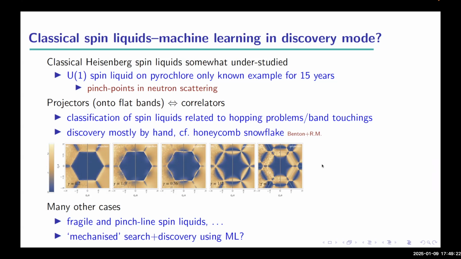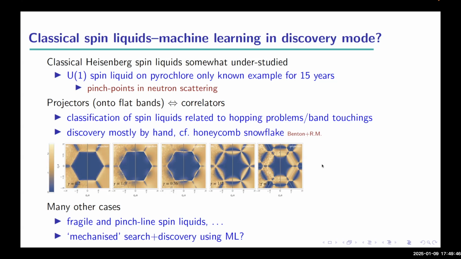And one of the stories here is that classical Heisenberg spin liquids, in my opinion, are somewhat understudied, in the sense that the first classical Heisenberg spin liquid was discovered in the late 90s, and then it remained the only example of a Heisenberg spin liquid for about 15 years. And then we proposed the second one, and then the third one, but that was still it. So until a couple of years ago, there were basically only two or three classical Heisenberg spin liquids.